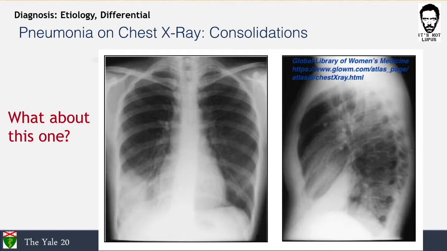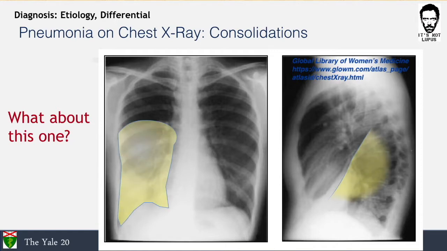And then you look at the lateral and you say, well, it's not taking up that whole giant area of the right lower lobe, but the territory it's filling is definitely part of what the right lower lobe takes up. And so if we fill in yellow the right lower lobe, you'll see that what we're seeing here is just one segment, the anterior segment of the right lower lobe, with a consolidation.